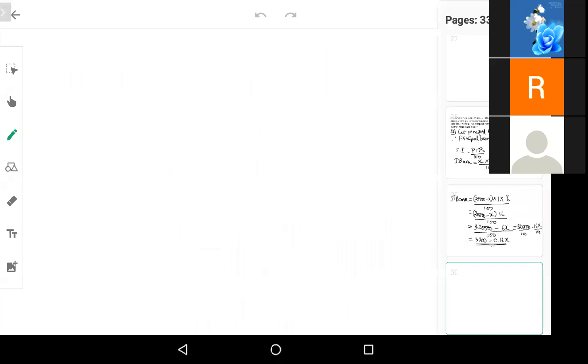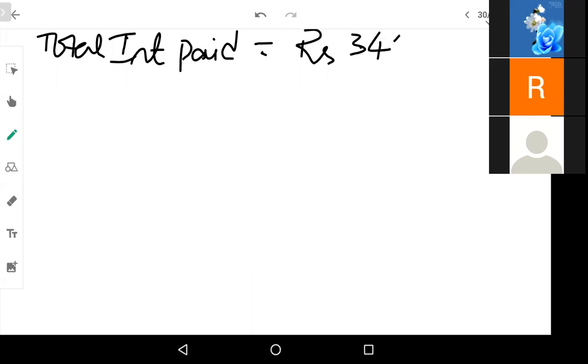Now, the next step is we know total interest paid is 3,440. So they said the total interest paid for first year is rupees 3,440.